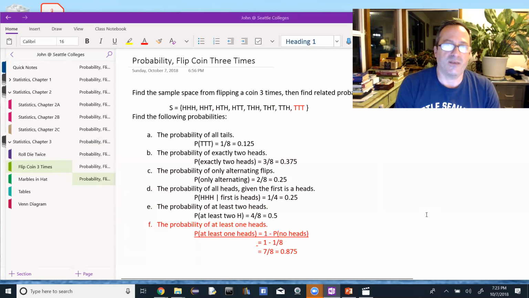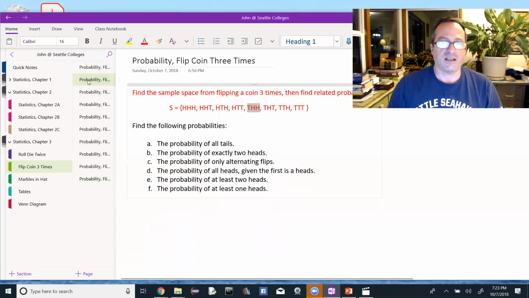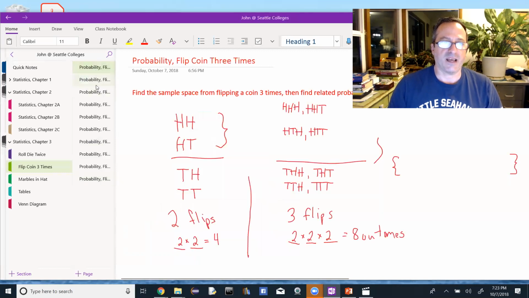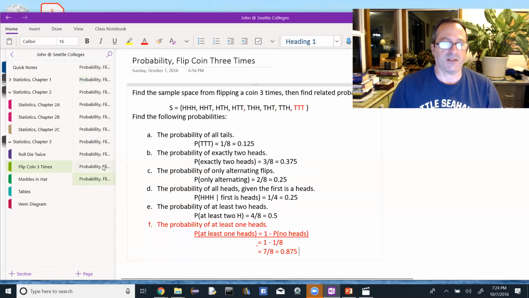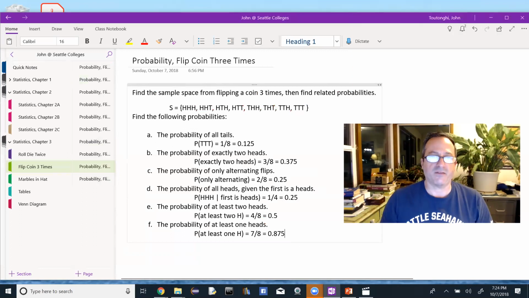And you could have red 1, red 2, red 3, blue 1, blue 2, blue 3, etc. And again, you would want to list out all of the options. By listing out all the options in the sample space from the get-go, it's much easier to figure out and answer all of the probability questions associated with it. All right, so that's flipping 3 coins, or flipping a single coin 3 times.